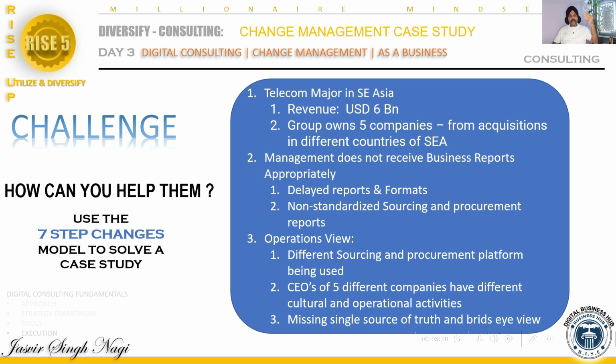All of them work in a very different cultural setup and in a different way, and hence the formats and outcomes of the reports are different. They also have different fiscal cycles of operation, hence the delays and various other factors. That's the view of the operational team, which is the COO, CIO, or even the CFO in this case.